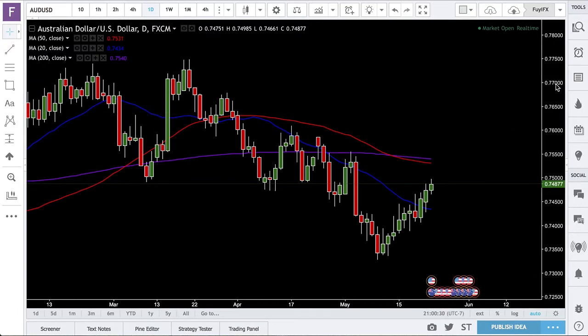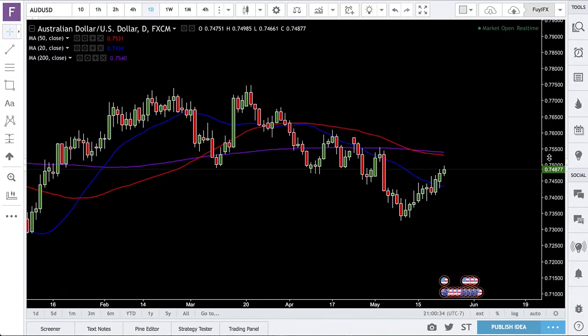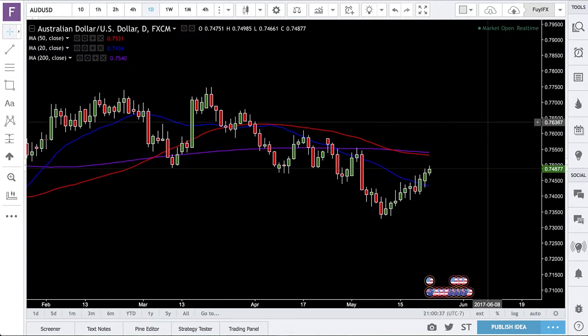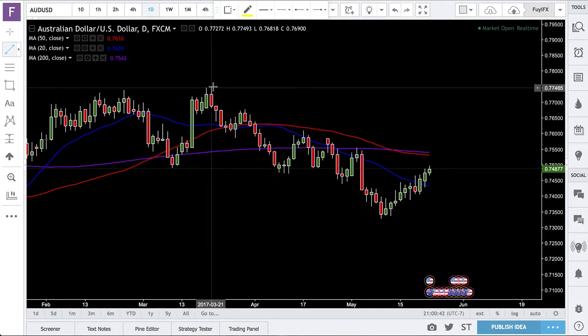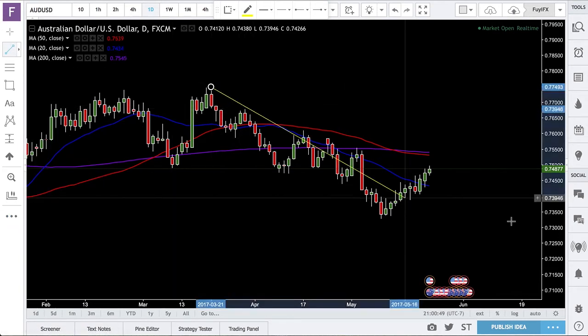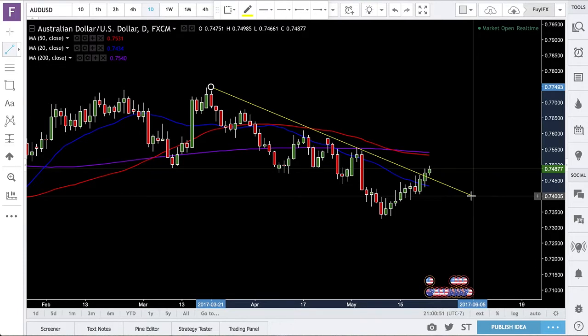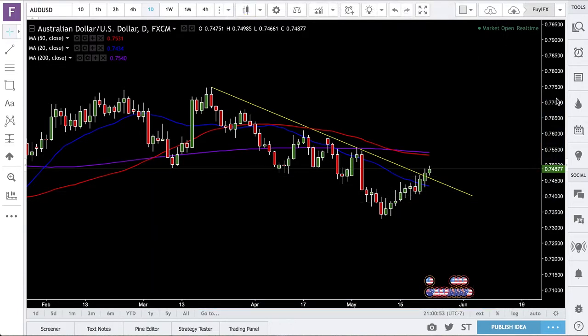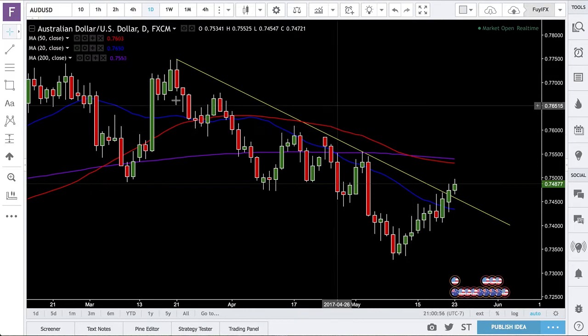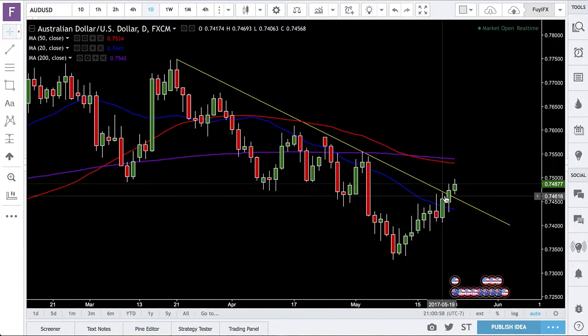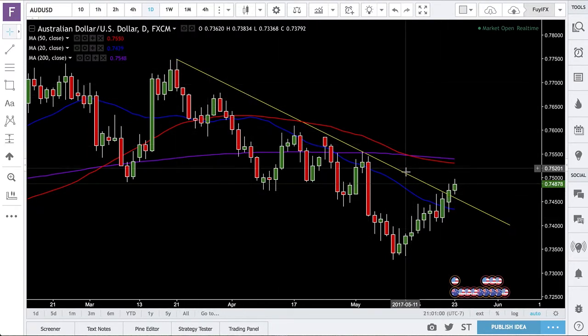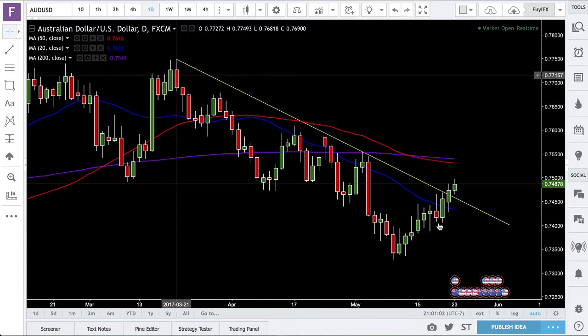This is one of two positions I have on two pairs, but I wanted to talk about Aussie dollar. Daily time frame. You could see we've broken out. All right, so if I connect that high to about there, on the daily time frame, you could see that price popped its head above the downtrending line that I just drew in here.